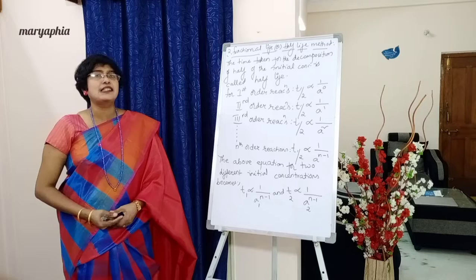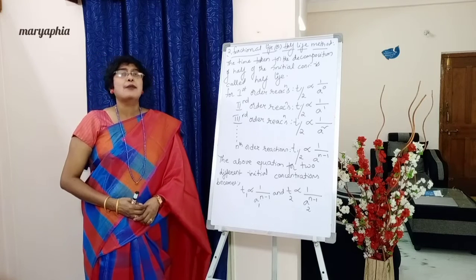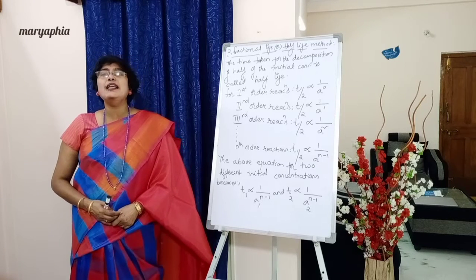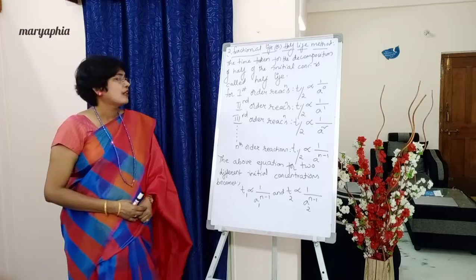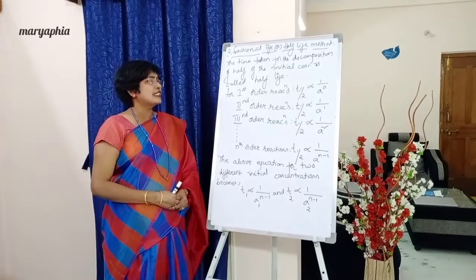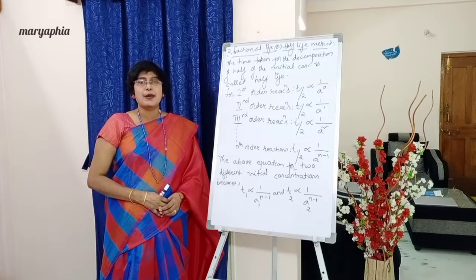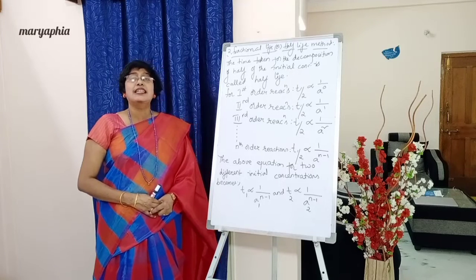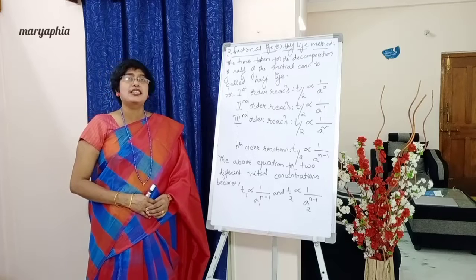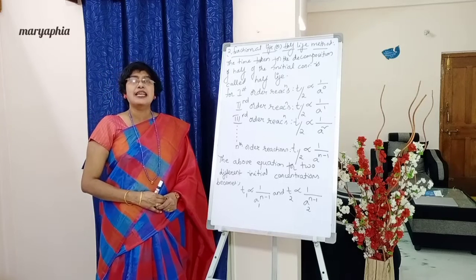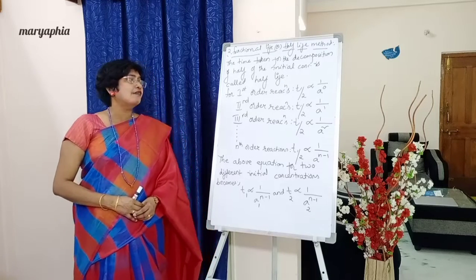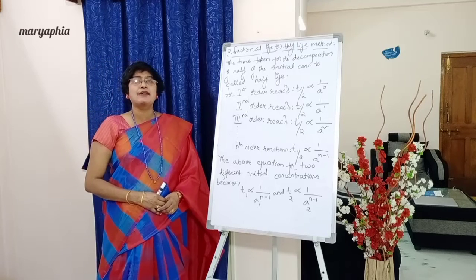That can be represented as t half proportional to 1 by a power 0. Next, second order reactions: t half proportional to 1 by a power 1. We have seen it is inversely proportional to initial concentration, so we can mention it as t half proportional to 1 by a power 1.